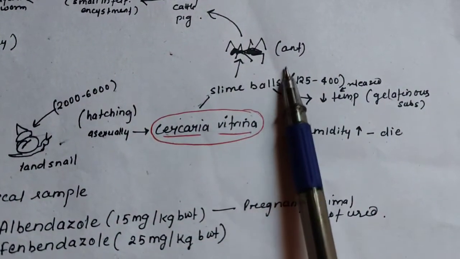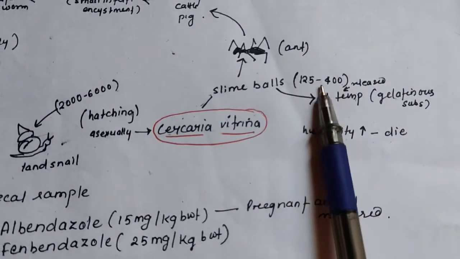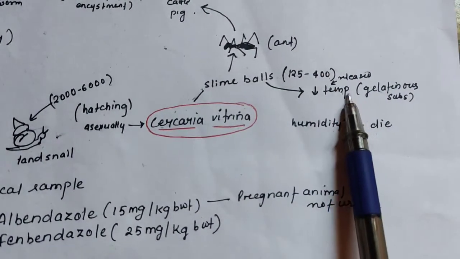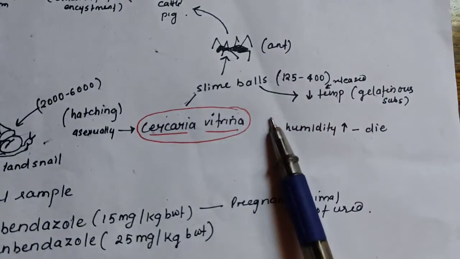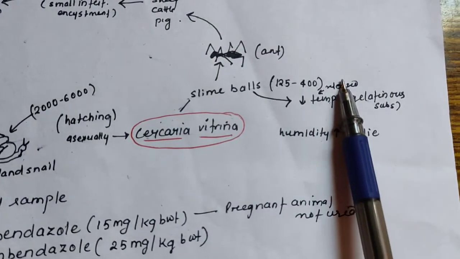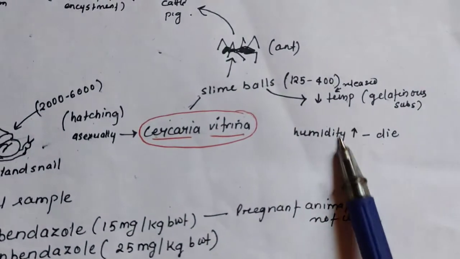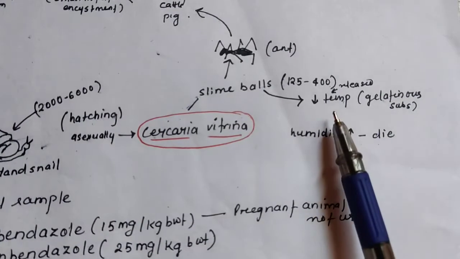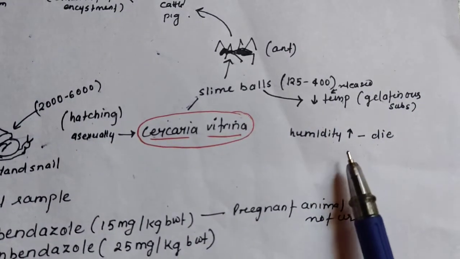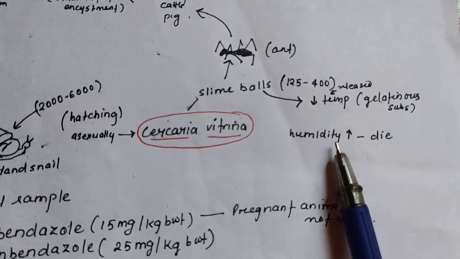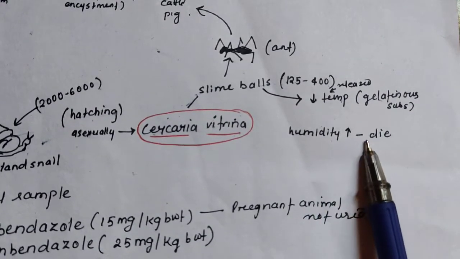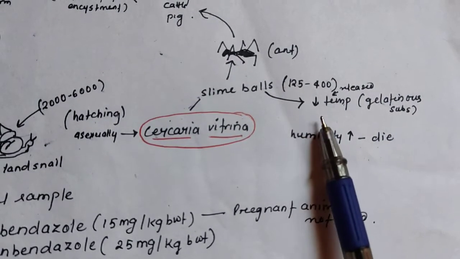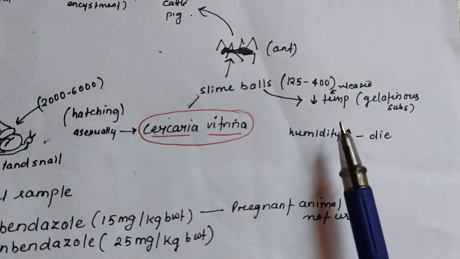This slime ball is 125 to 400 cercariae surrounded by a gelatinous substance, and these are released from the land snail when the temperature is low, and if there is increased humidity in the surroundings, they will die. So these are generally released after the summer season.